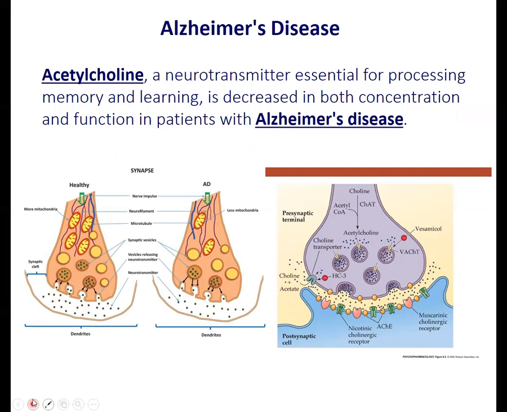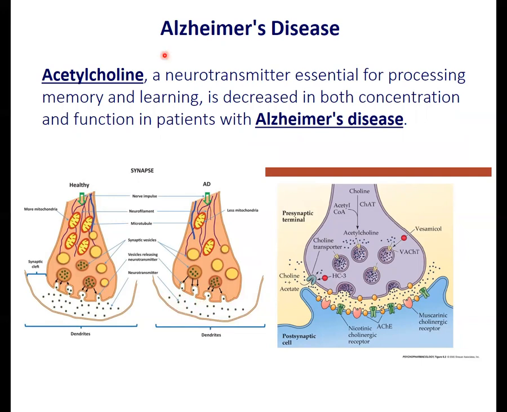With Alzheimer's disease, there is an issue with the amount of acetylcholine that is released. Somebody with Alzheimer's doesn't release a high enough concentration of neurotransmitter. This neurotransmitter in this particular part of the brain is linked to memory and to learning.